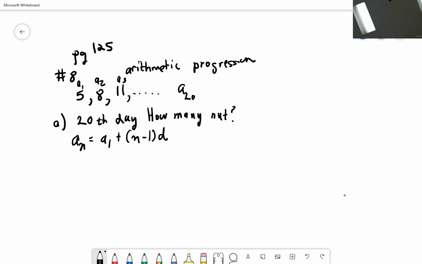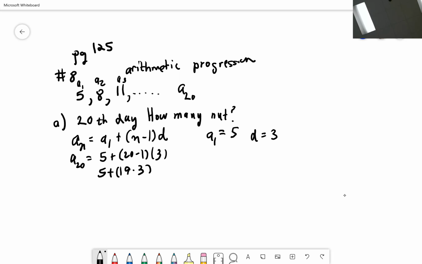So in this case, the first term would be 5. The common difference here is clearly 3. So if you want the 20th one, it'd just be 5 plus, well, 20 minus 1 is 19. So I'll just write 19, times 3. And so you have 5 plus 19 times 3.